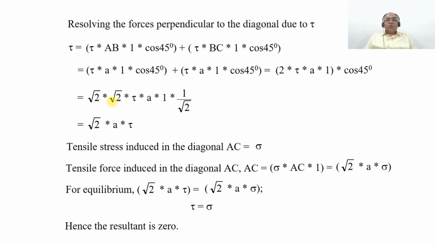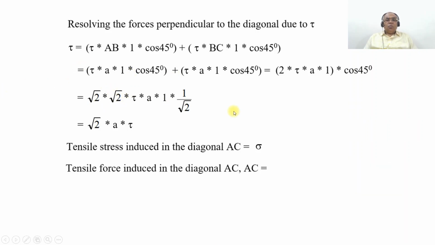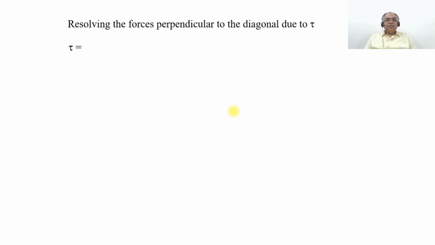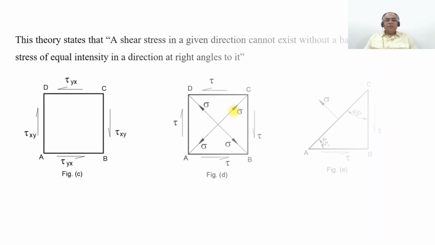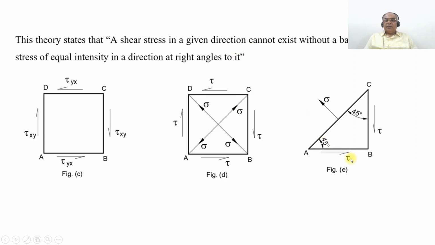So here, due to tau, what we are interested in is resolving the forces in the perpendicular direction. So here tau will be equal to tau into AC into cos 45, and BC into again cos 45.